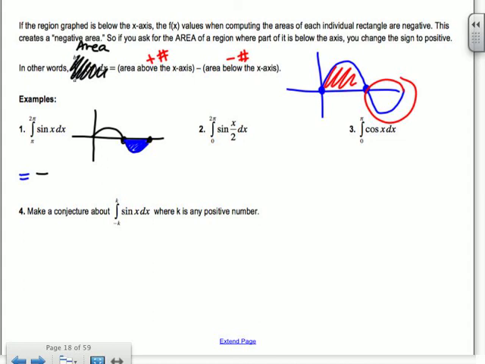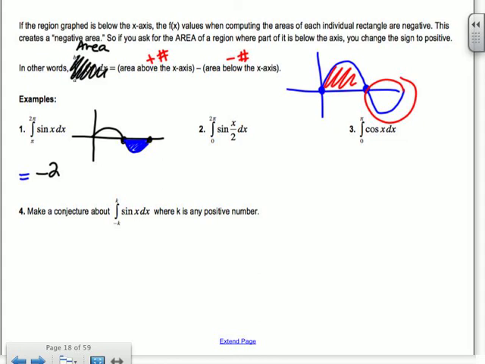So negative 2. Did you forget an x or something? So it should say, do I put it in parentheses after sine of x? Yeah. Oh, I forgot x.